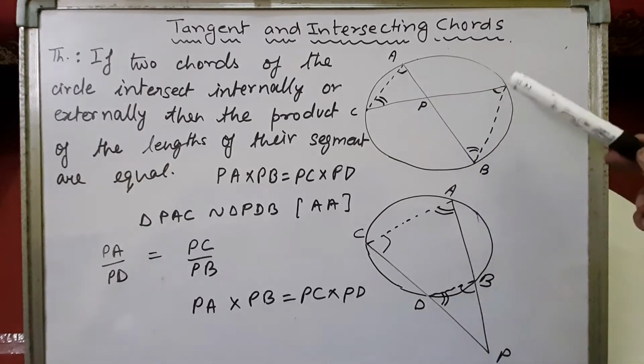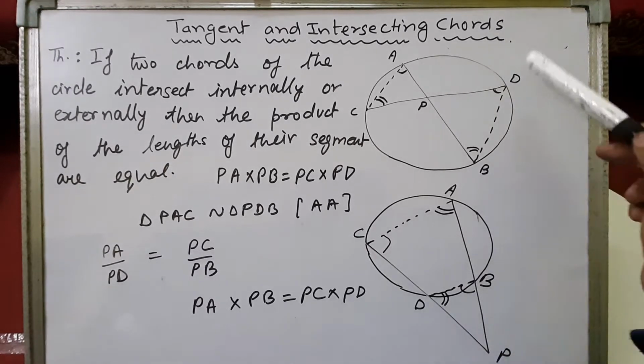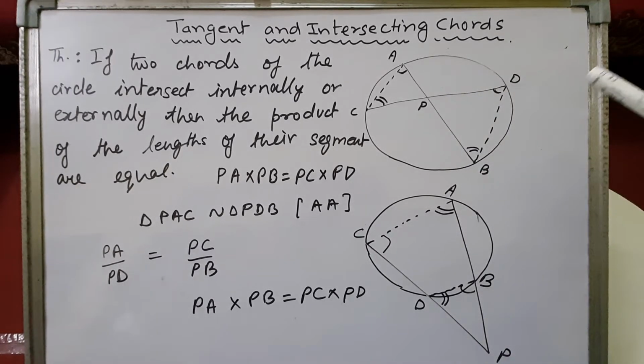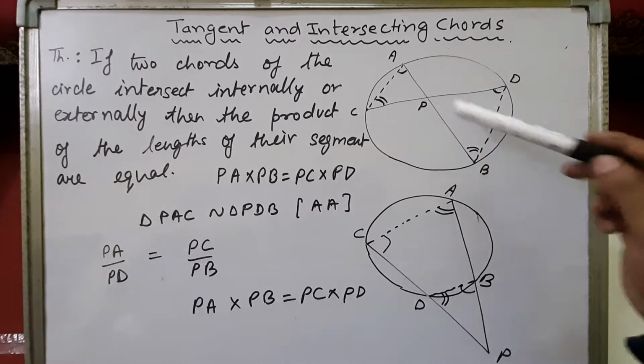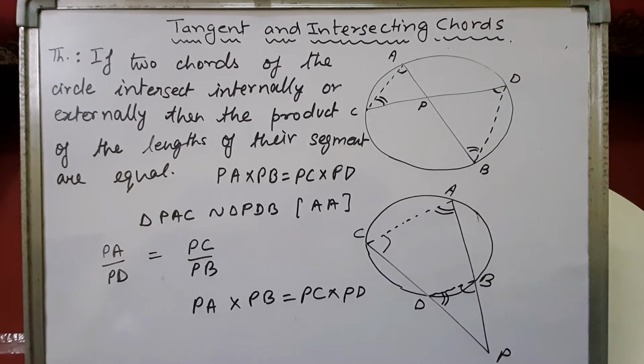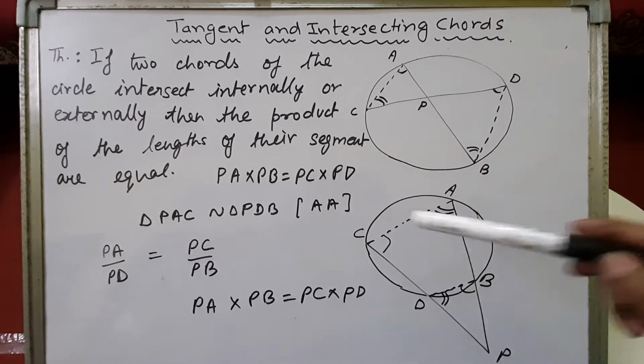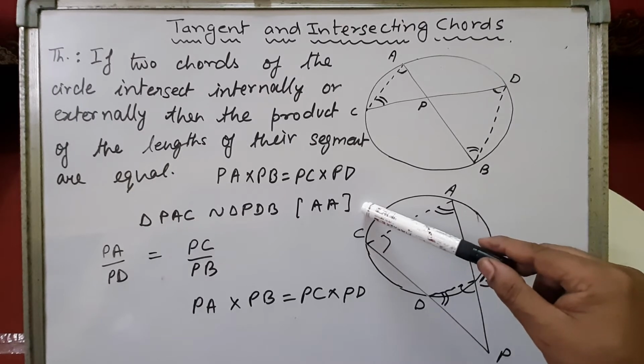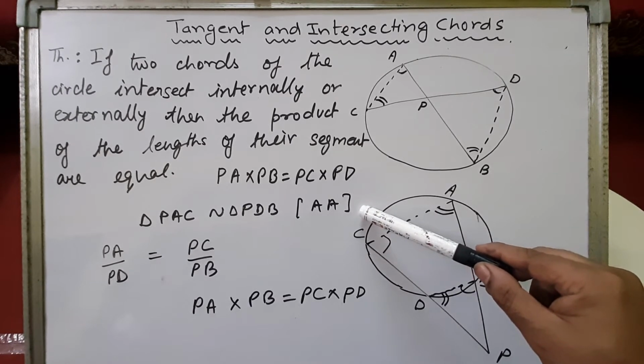So angles in the same segment, angle A will be equal to angle D. Now similarly, the same segment AD is subtending angle ACP and segment AD is subtending angle PBD. So these two angles will again be equal. Now when two angles of the triangles are equal, then we can say that the triangles are similar by the angle-angle rule.